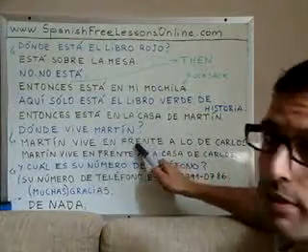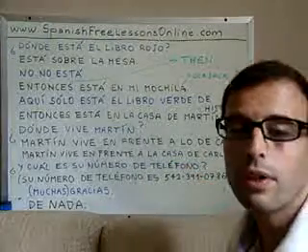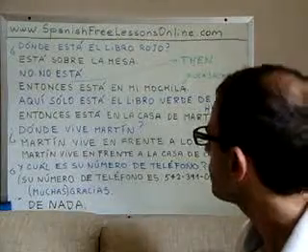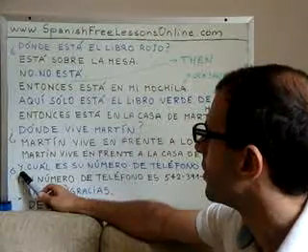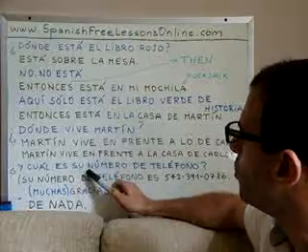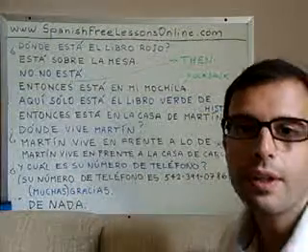You see here you explicitly mention the house, right? So Martin lives in front of the house of Carlos. ¿Y cuál es su número de teléfono?